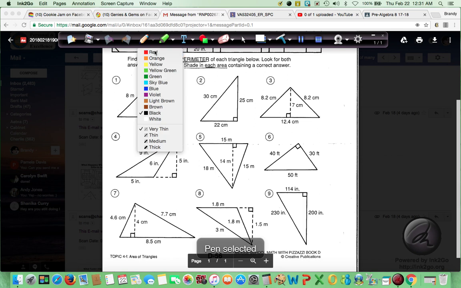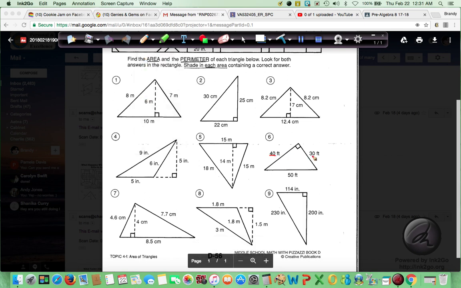Perimeter is going to be the sum of all my sides. So that's pretty easy. Perimeter is going to equal 40 plus 30 plus 50.